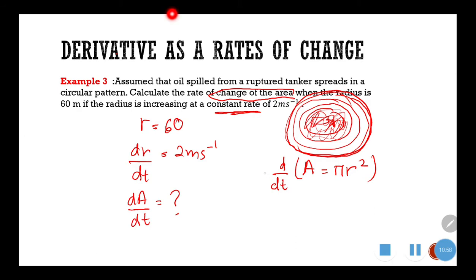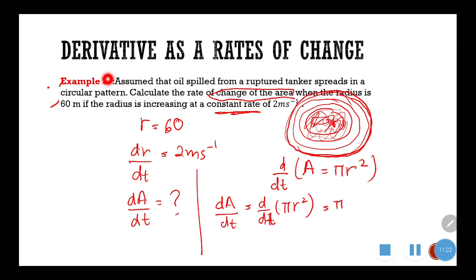So we get d/dt of A. Because we know A is changing with respect to time, we have dA/dt and d/dt of pi r squared. Pi is a constant, so we put it outside, and we have d/dt of r squared. Differentiating r with respect to t, as usual 2 comes down, reduce the power of r by 1, and do not forget d/dt of r. So we get 2 pi r times dr/dt.